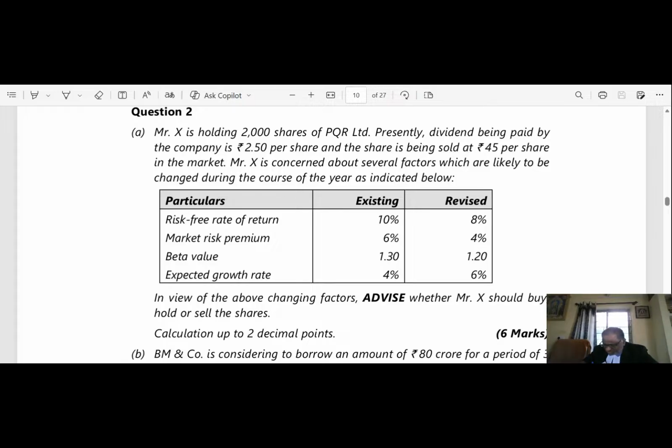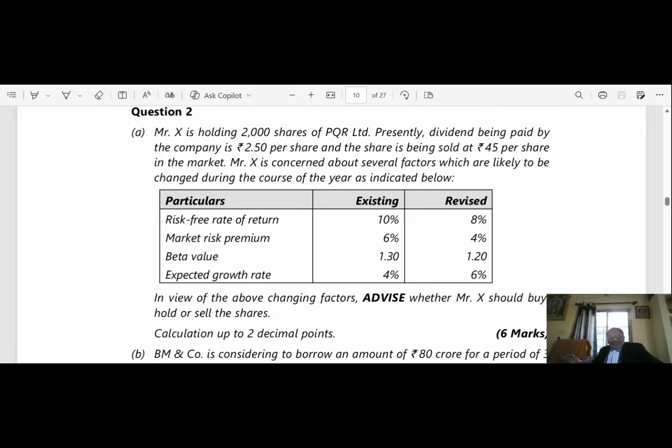See, existing and revised. RM minus RF is 6%. How did 6 come? 10 minus 6, 4. Why RM minus RF? RF is given, no problem.